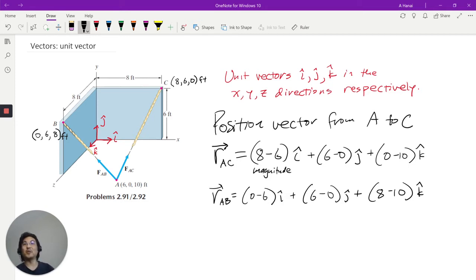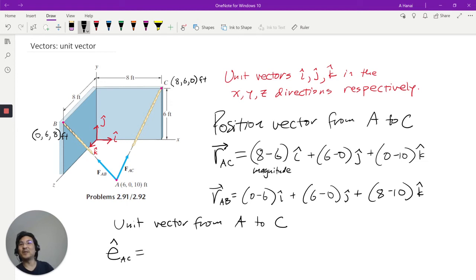Let's say you want the unit vector pointing in the direction from A to C. I'll call it letter e from A to C, and as long as you put a hat, you know that it's a unit vector.